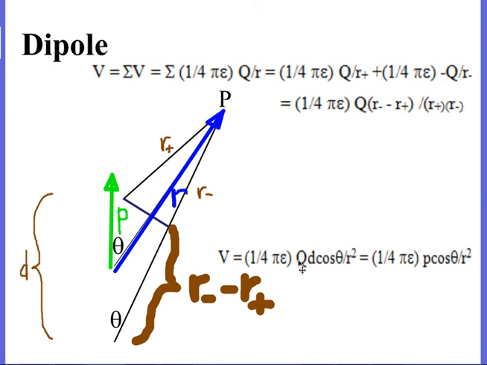But of course d times q is equal to the dipole moment, and so I can also write the expression like that. This is worth memorizing. There is the potential for a dipole, where theta again is the angle between P and R.